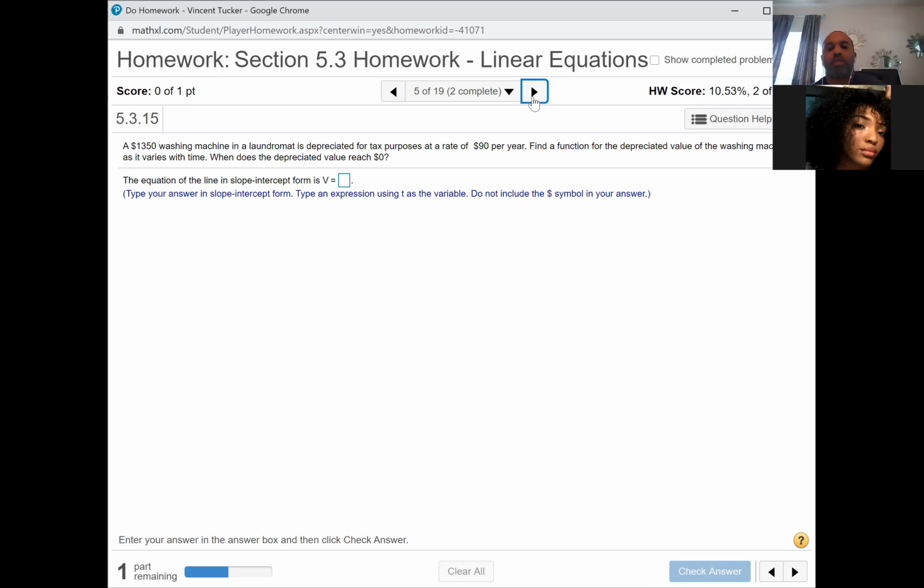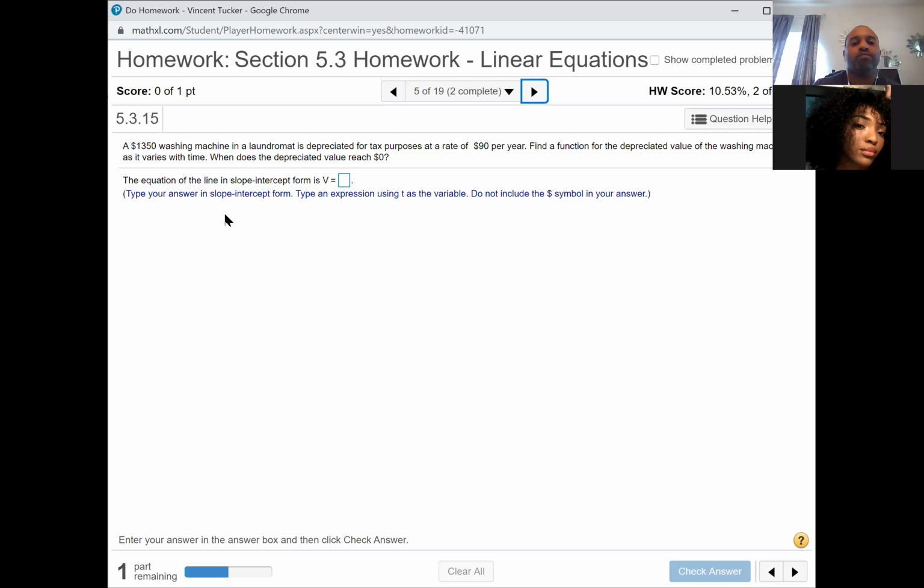All right, so this one was a little bit different. I'll show you why. It just gives you an extra step to consider. So it says a $1,350 washing machine in a laundromat is depreciated for tax purposes at a rate of $90 per year. Find the function for the depreciated value of the washing machine as it varies with time. When does the depreciated value reach $0?